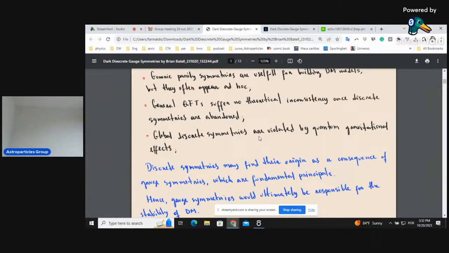So let's say that's my dark matter particle, and this is my Higgs, and this is my dark matter particle again. So I can have this kind of process where I have dark matter in the initial state and the final state.